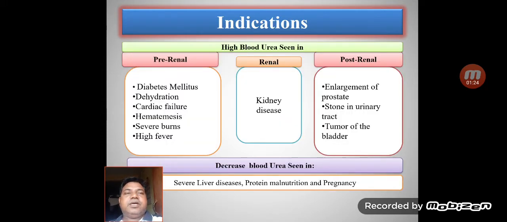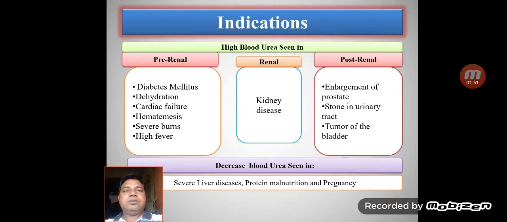If we go through the indications, there are multiple conditions in which we will see very high levels of blood urea nitrogen, and these can be divided into three important categories. The first is the prerenal category, which includes diabetes mellitus, dehydration, cardiac failure, hematemesis, severe burns, and high fever.